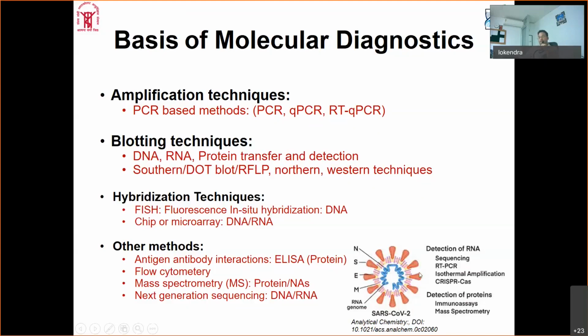So these are various indicators that can be used by using various molecular diagnostic techniques, either to detect RNA, for example, by sequencing method, by RT-PCR, and there are various advancements nowadays in the methods by which you can detect or maybe identify the presence of viral genome, mainly the RNA. And these various proteins can also be used to develop immunoassays, or can be used with the help of mass spectrometry to identify whether they have the presence of this virus or not.